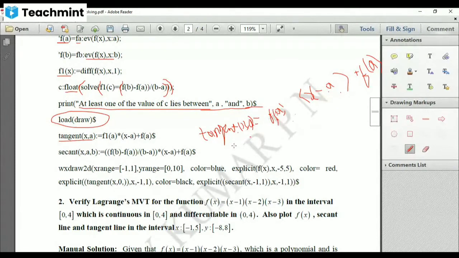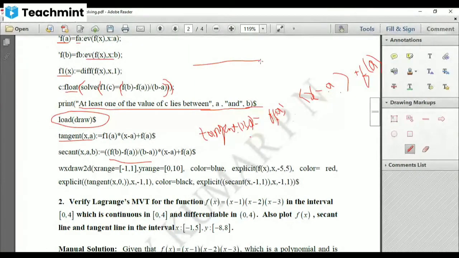What is meant by secant? Secant is along the same lines, only the slope differs. A secant is a line joining two points, a comma f of a and b comma f of b.